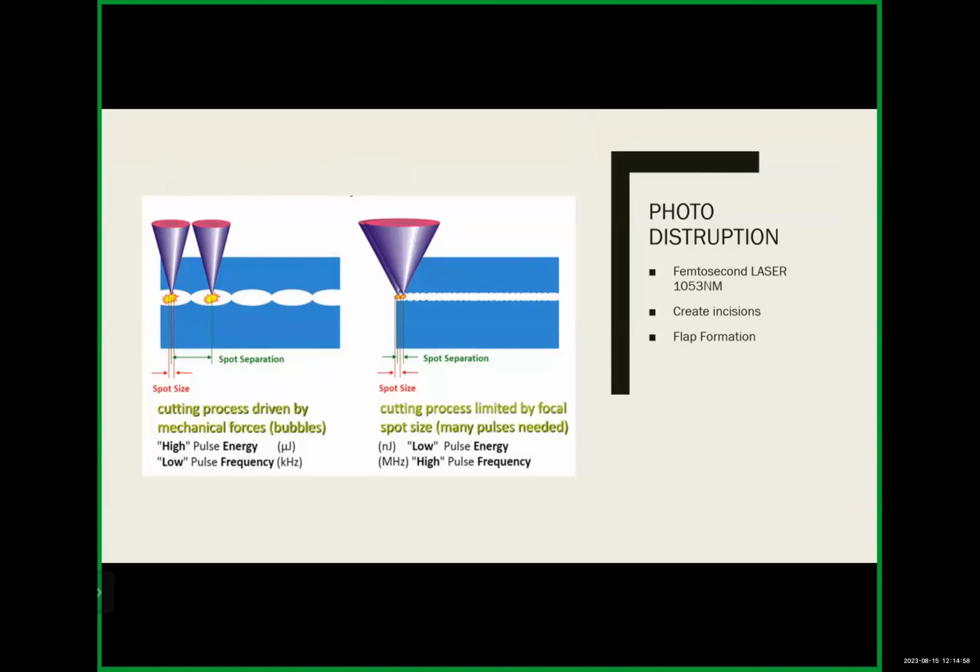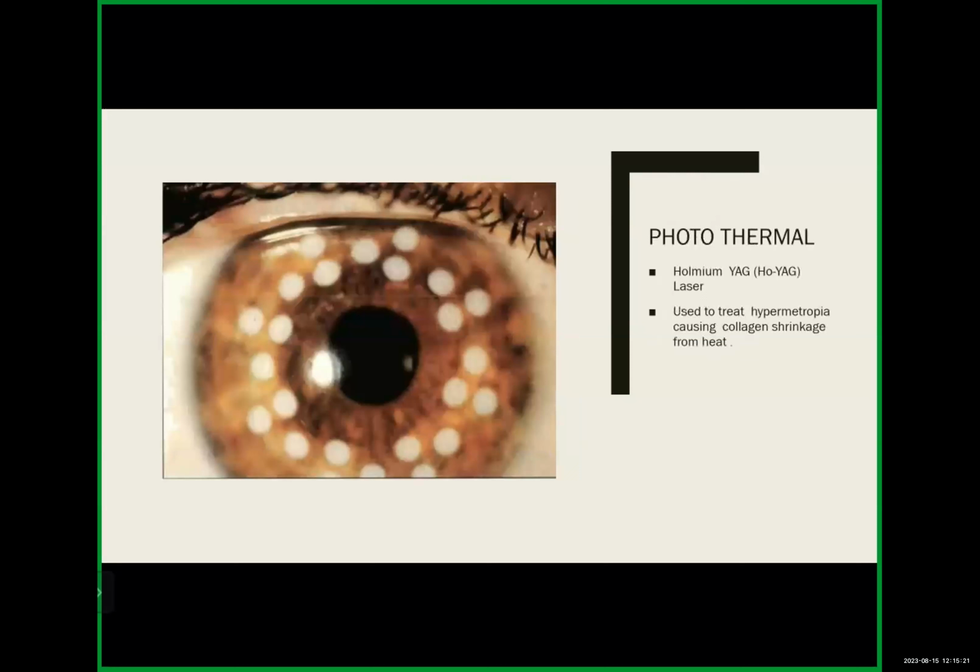In the near infrared wavelength, in photodisruption, laser energy is hit on the cornea at a precise location, and a microplasma is created, and the plane of the tissue is separated. It is used to create incisions and flap formation.